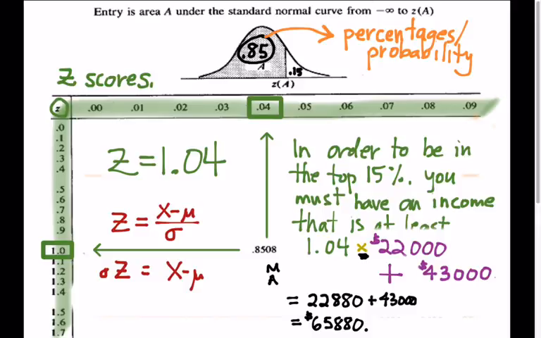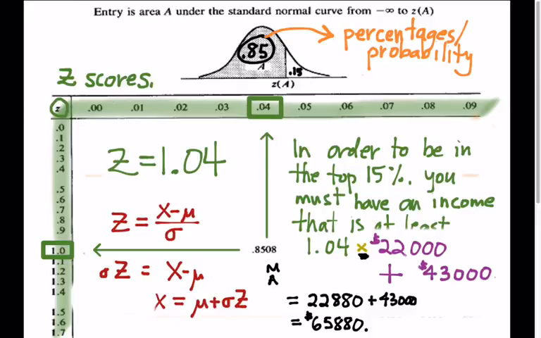And then adding the mean is going to move the u with the curly tail over to the left side also. And then just to make the formula look neater, we'll just move that to the right side. So mu plus sigma z. So we could have just used that formula, but I kind of like this way of doing it over here because it helps us to remember what the formula means and why it works.